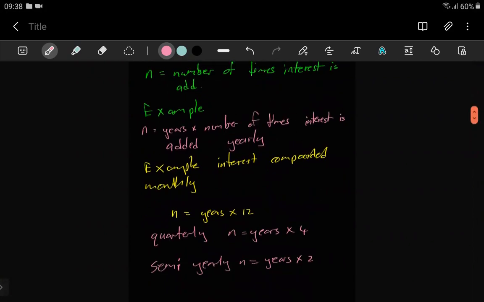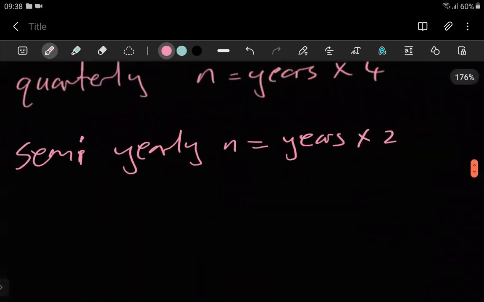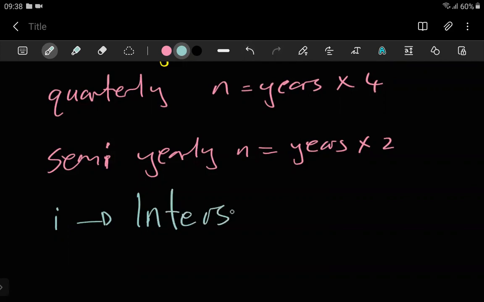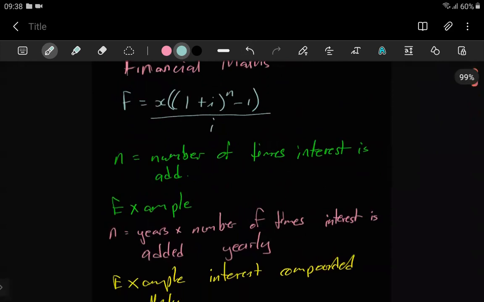Your questions will tell you compounded monthly, quarterly, or semi-yearly. That automatically alters the value of i, because remember, i is interest, and this also goes for the value of i and n.